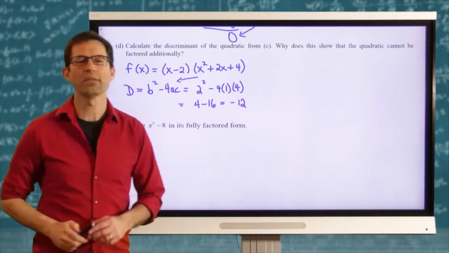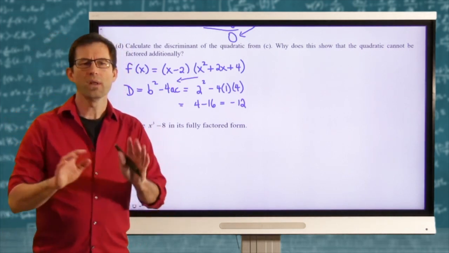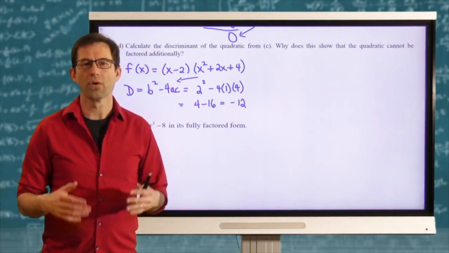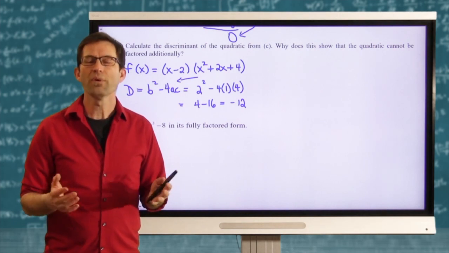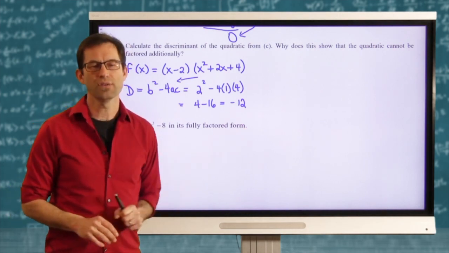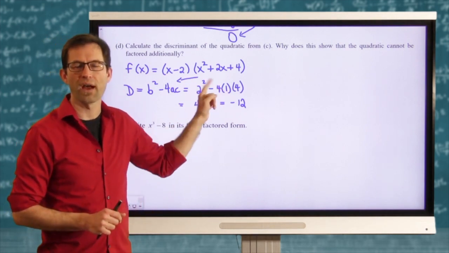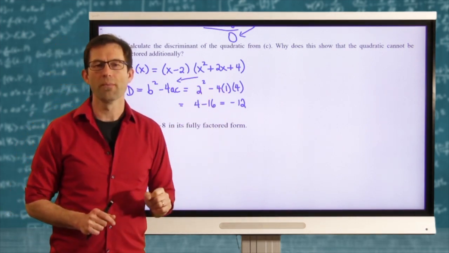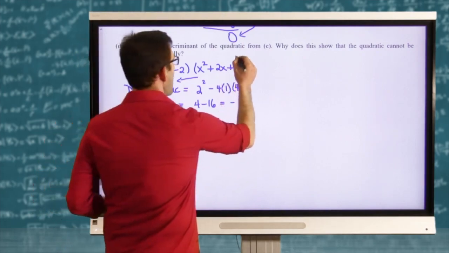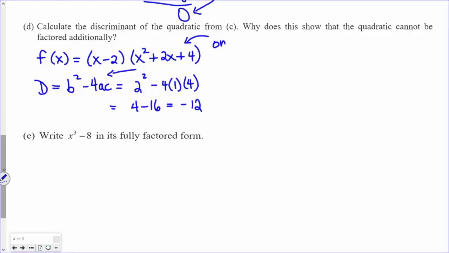Now think about what that tells us. We did a little bit of work with the discriminant earlier in the course. And what we saw was when we had a negative discriminant, think about using the quadratic formula to find the zeros of that quadratic. A negative discriminant would indicate that this now only has imaginary roots.